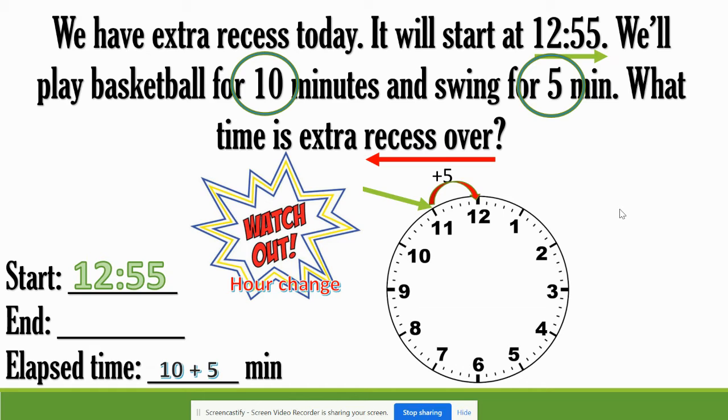So it's good to realize right away, if there's an hour change, the next hour would be 1 o'clock. So our end time is going to be somewhere in the 1 o'clock hour. So let's keep jumpity bumping. We're going to go our 10 minutes and then the extra 5 for the swinging. There's our end time, and it's not 12:10, it's 1:10.